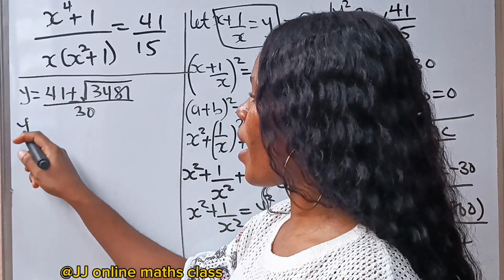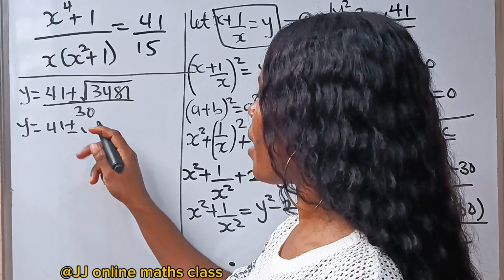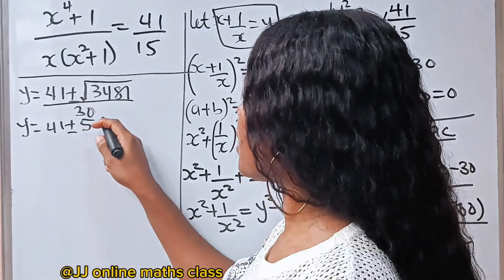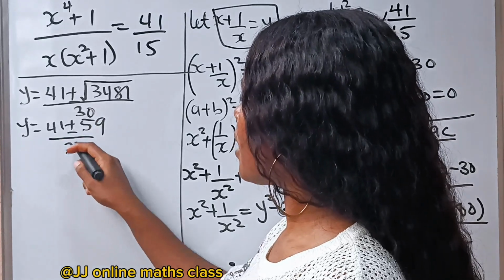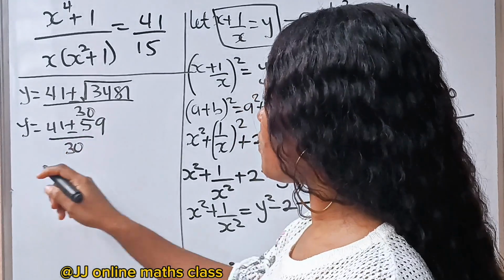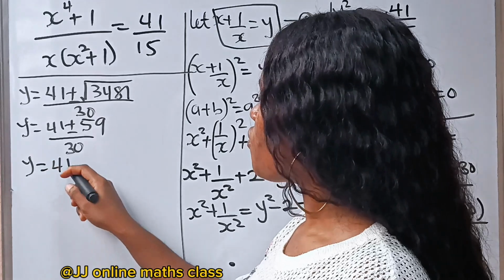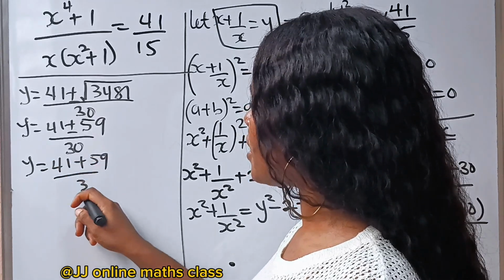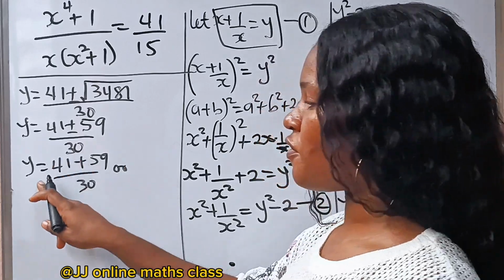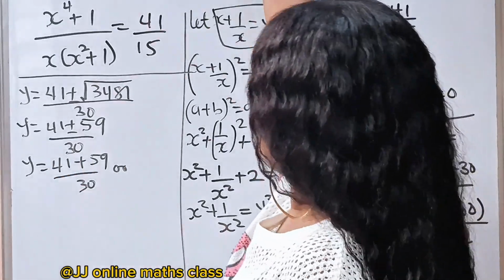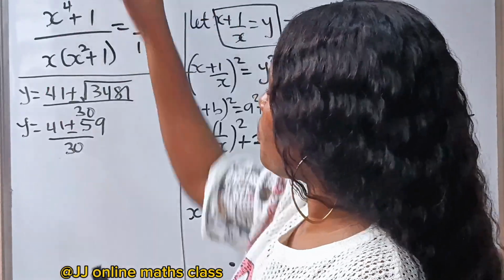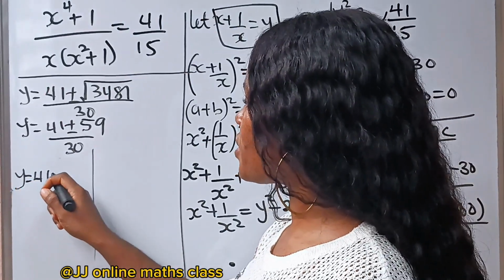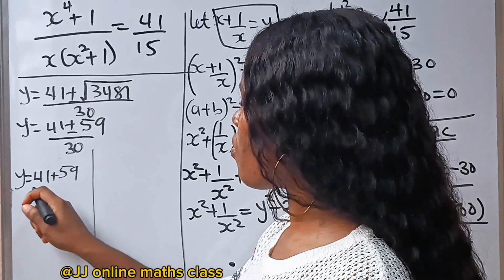Now the square root of 3481 will give you 59, so we have 59 here, divided by 30. Now we have that y is equal to 41 plus 59 over 30, or that is the first value of our y.